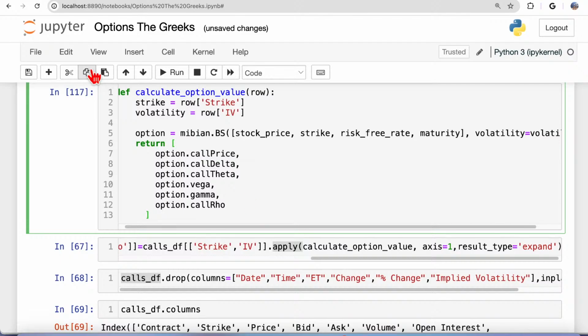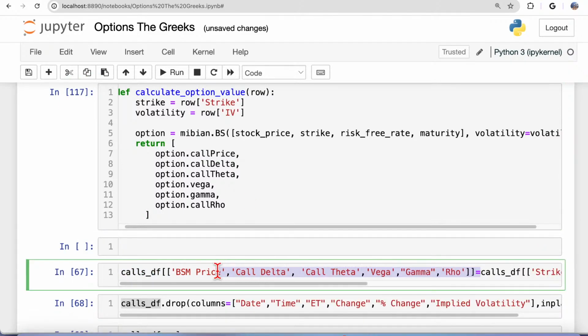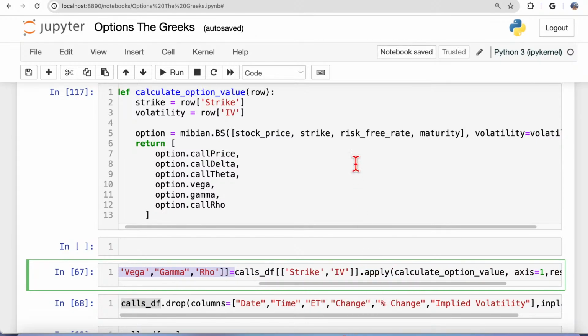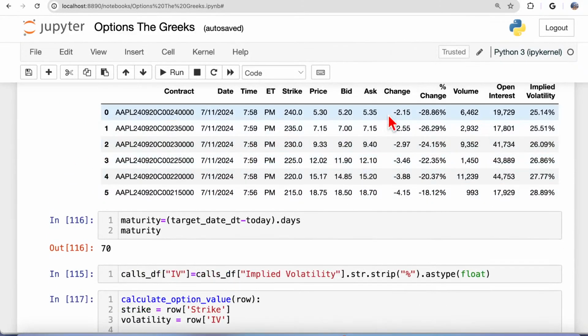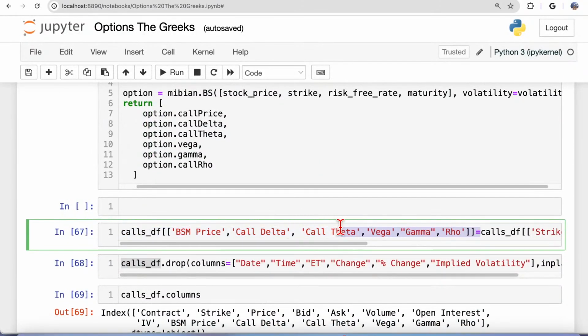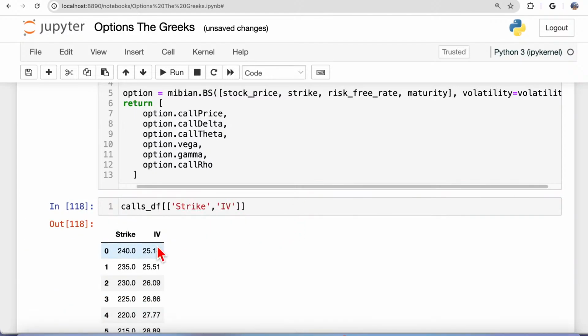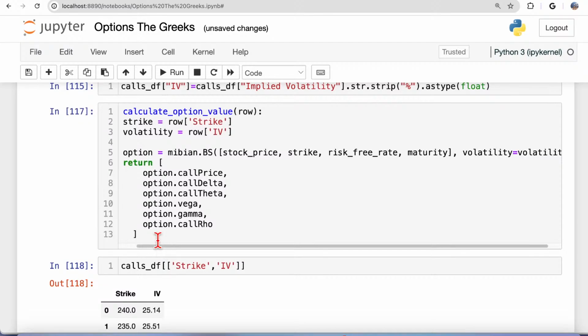Let me show you what I'm trying to do here. I take this calls df and slice that data frame, this table. It's a little bit jumpy, sorry about that. I slice that and grab just 2 columns that represent strike and implied volatility.